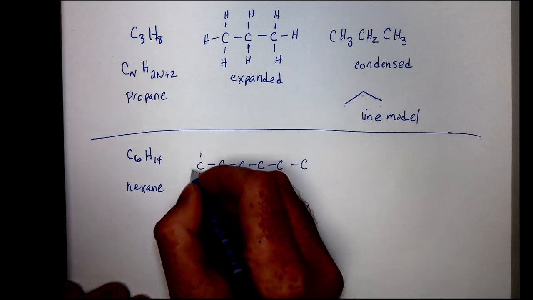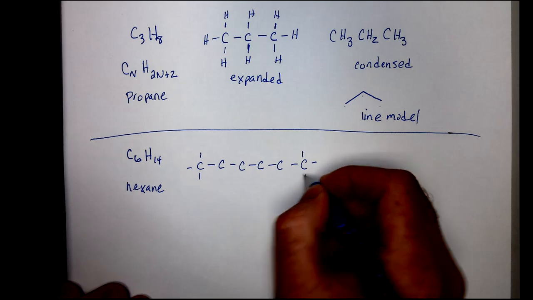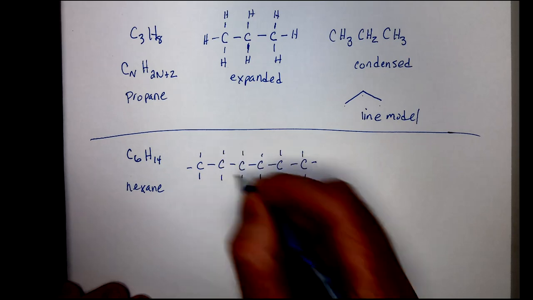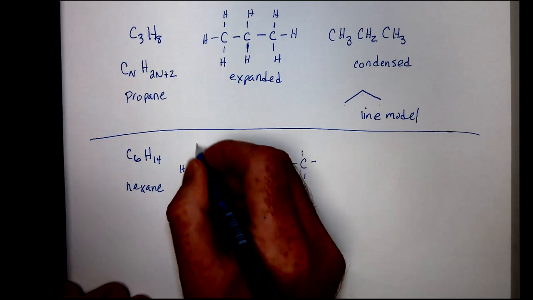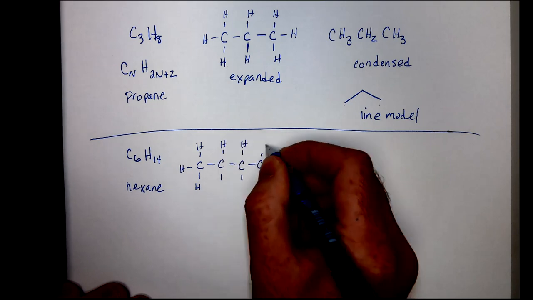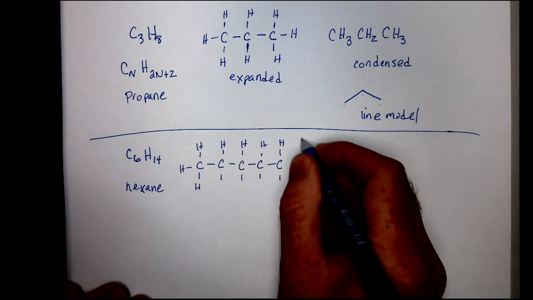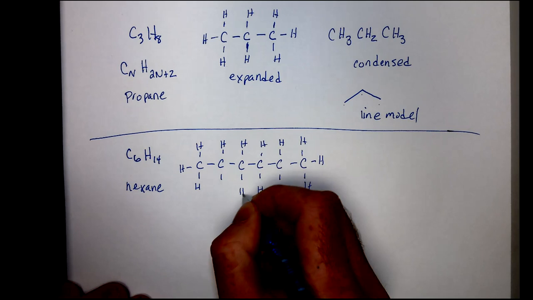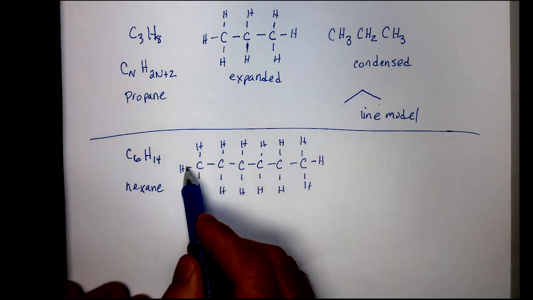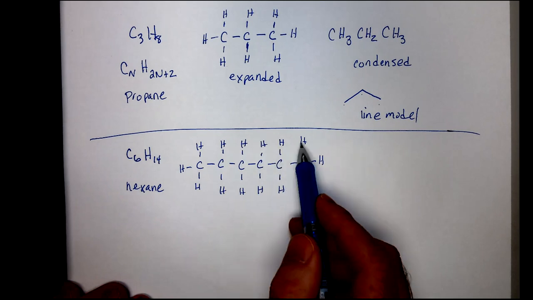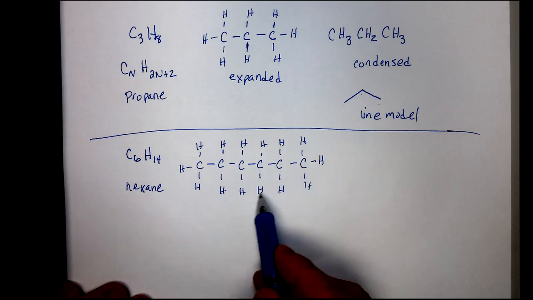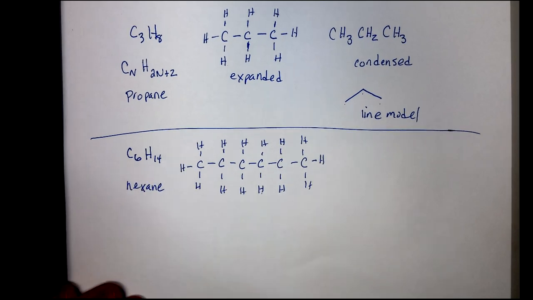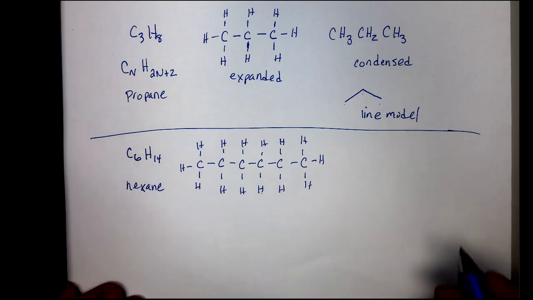So following the same pattern, the ends are going to get 3 and all the ones in the middle would get 2. Barring any other groups, we're still talking about normal straight chain alkanes. We put hydrogens on all the spots. If we count spots, 1, 2, 3, 4, 5, 6, 7, 8, 9, 10, 11, 12, 13, 14. So C6H14. And so you can see our nice formula works.